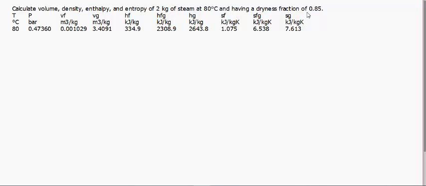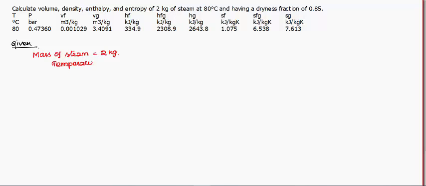First of all we should write the given data. What is our given data? The mass of the steam is given as 2 kilogram. The steam temperature is maintained at 80 degrees Celsius.